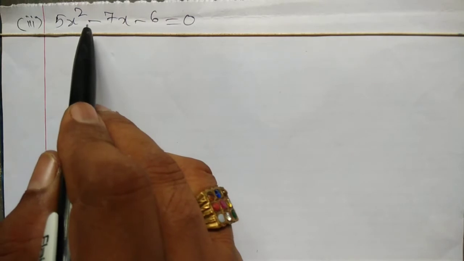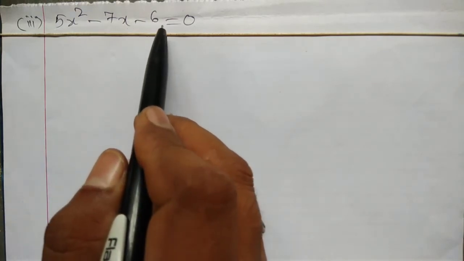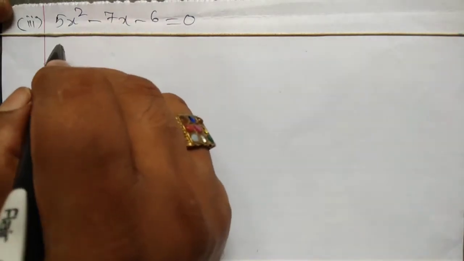Question number 3: 5x square minus 7x minus 6 is equal to 0.